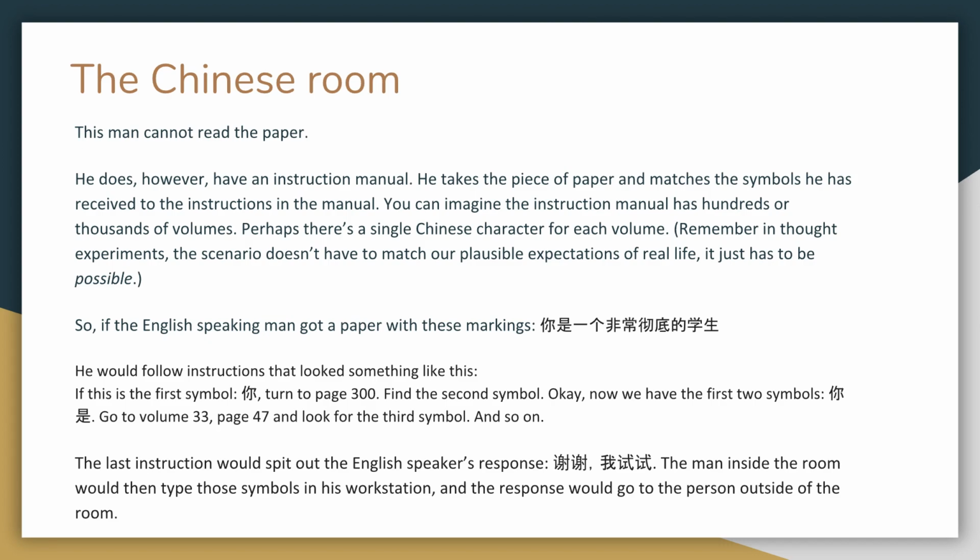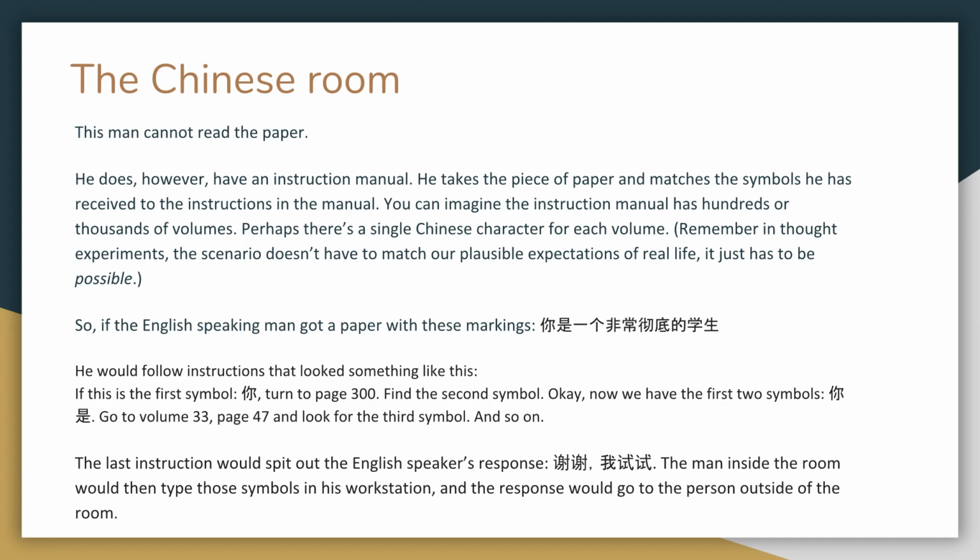Okay, now we have the first and the second symbol, so go get this other book, volume 33, turn to page 47 and look for the third symbol, and so on. So once he gets to reconstructing the whole string there, then it goes backwards, and the instruction manual tells him what to write down in Chinese characters just by how their pictures look.